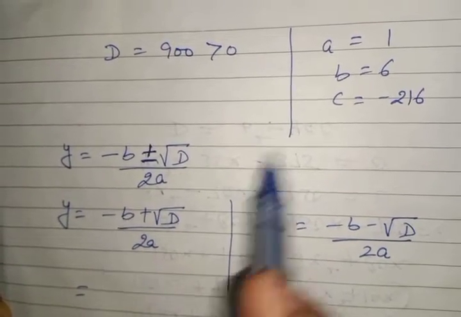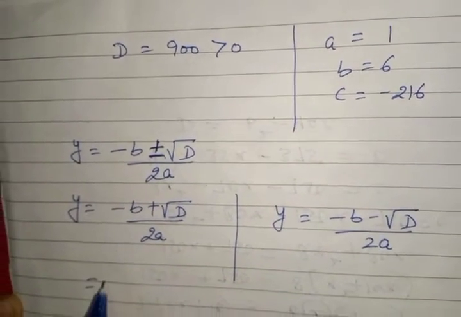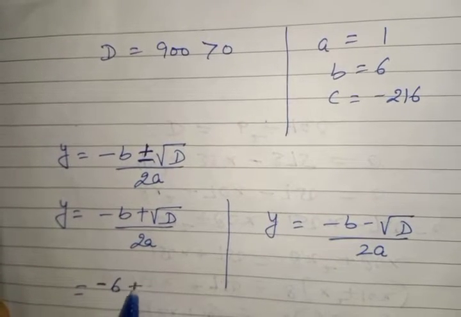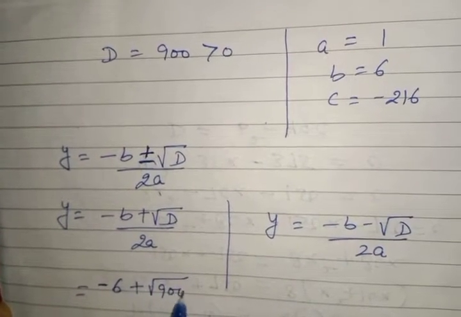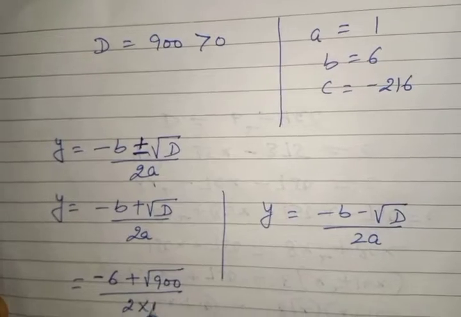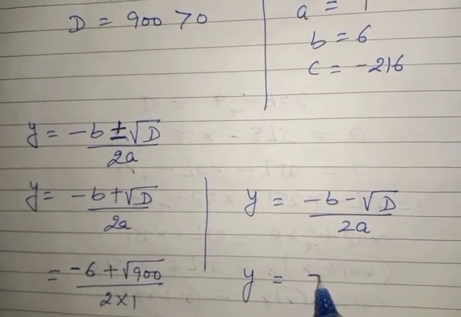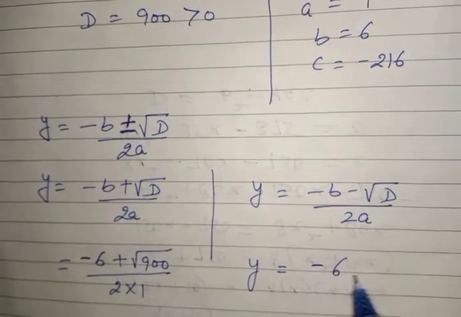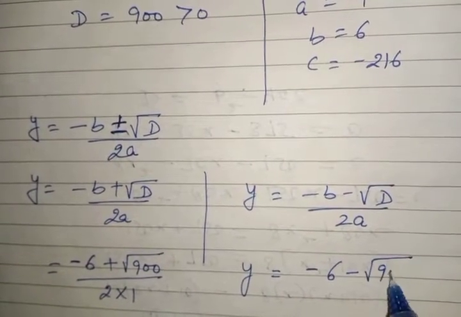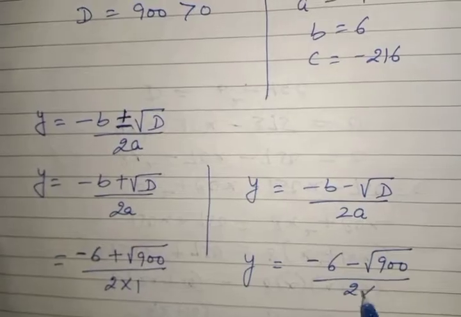Now b is 6, this minus, then 6 plus root 900, 2a is 2 into 1. Here also minus, the value of b is 6, then minus root 900 upon 2 into 1.